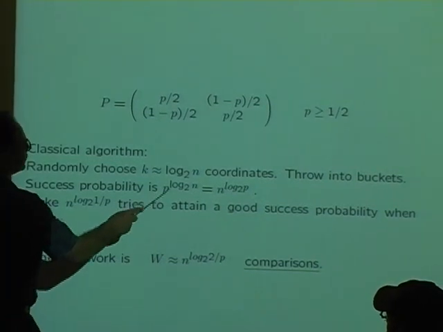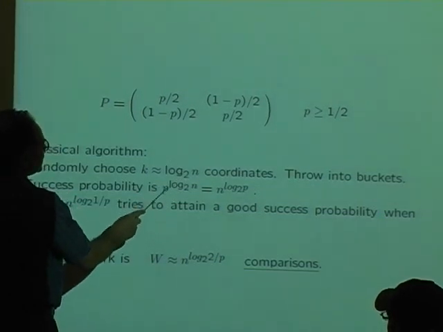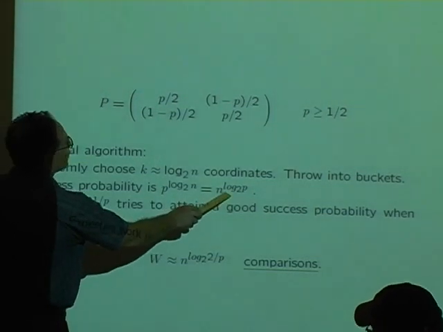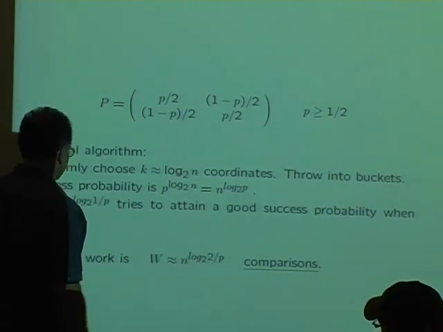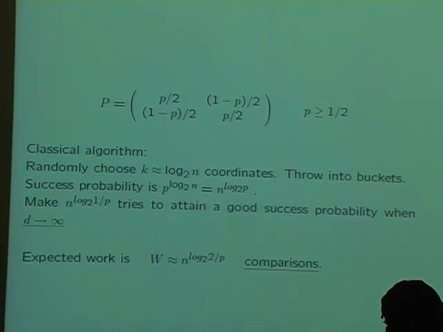It's p to the k, because the chance that they agree on a single coordinate is p, which is about n to the log base 2 of p. So this is a probability. It could be quite small. And this is the chance of the one try that we made. We chose those coordinates. We threw into baskets. What are the chances that we found something?